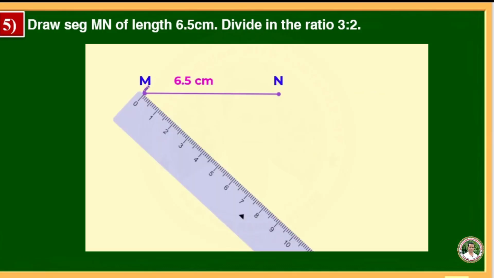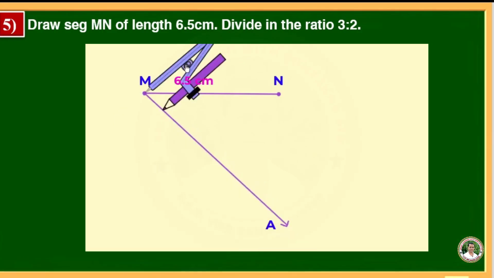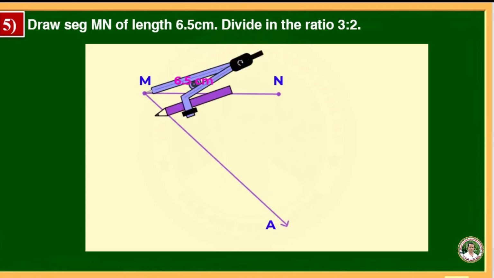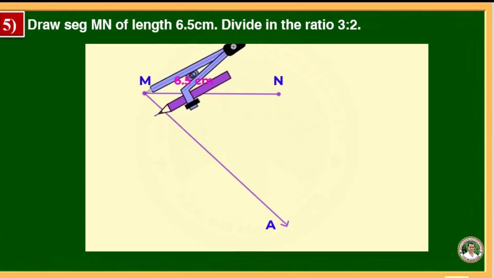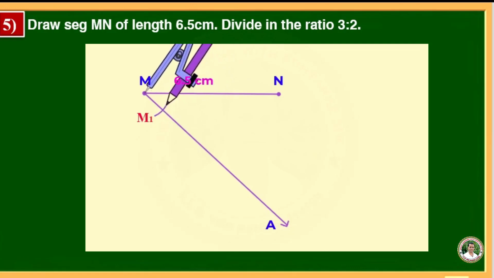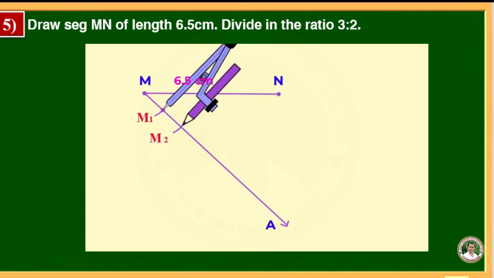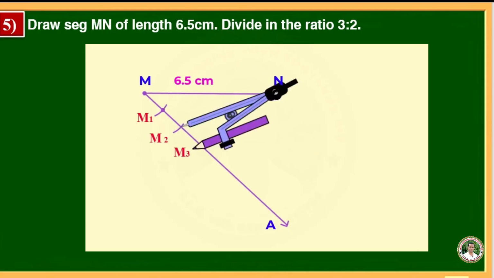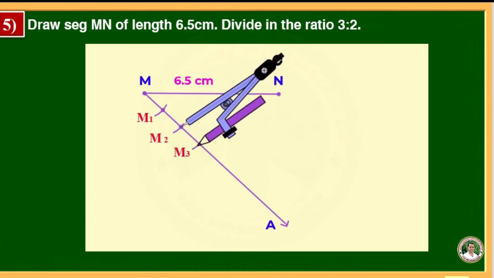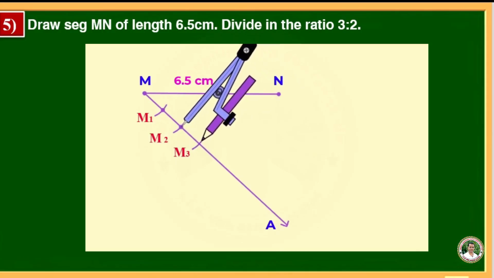Next, draw a ray MA making an acute angle with MN. Now with the help of compass, make marks. Here the ratio 3:2 is given. Therefore, mark 5 points at equal distance on ray MA.